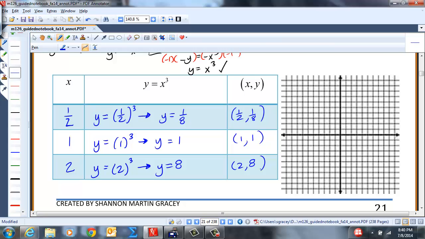So symmetry with respect to the origin says that, hey, if you have point x, y on the graph, negative x, comma negative y will be on the graph as well. So we'll flip the signs on each coordinate after we plot the initial point, and we'll get an extra point using symmetry. So I'm thinking that on the x-axis, why don't we do a scale of 1/2, and on the y-axis we'll do our regular scale.